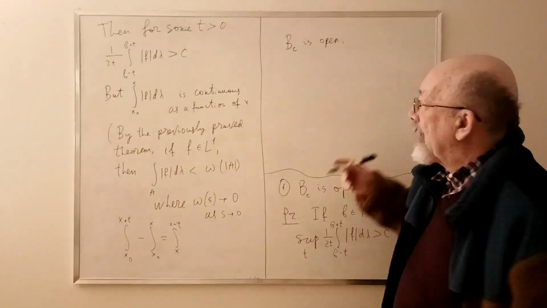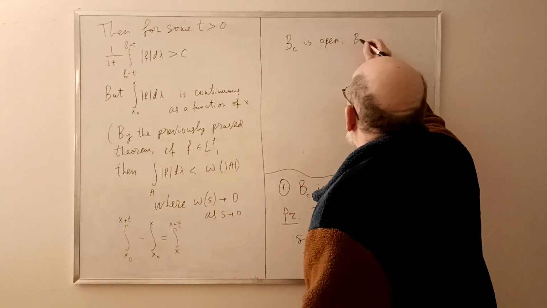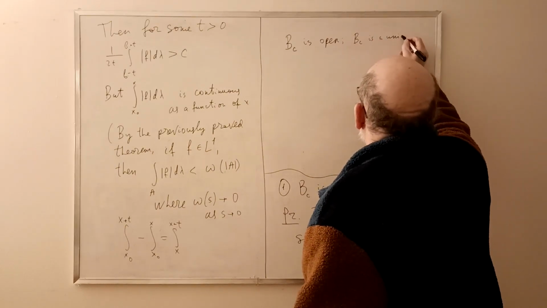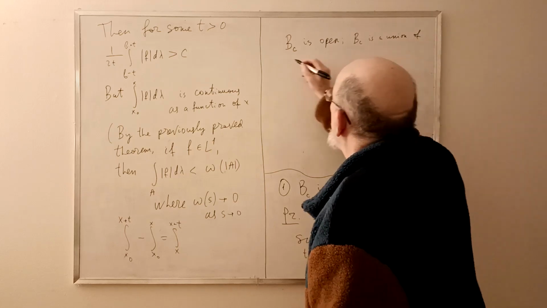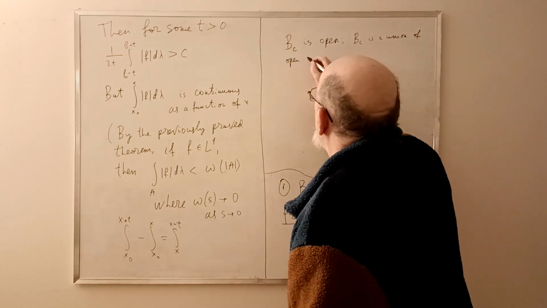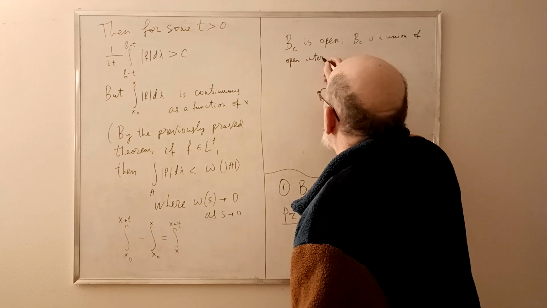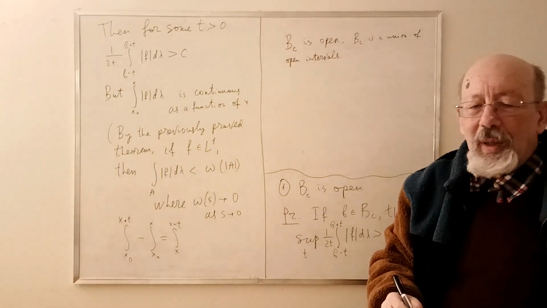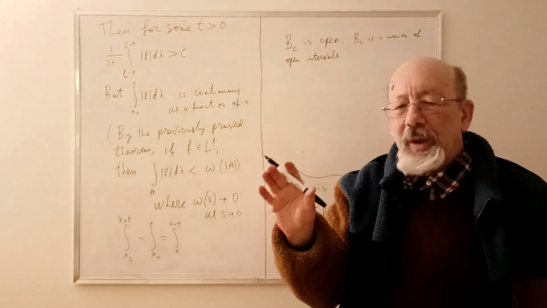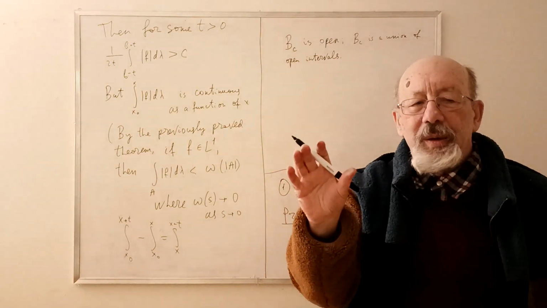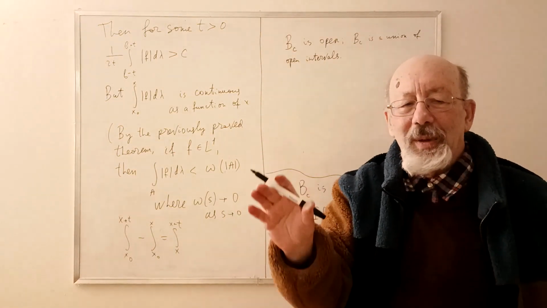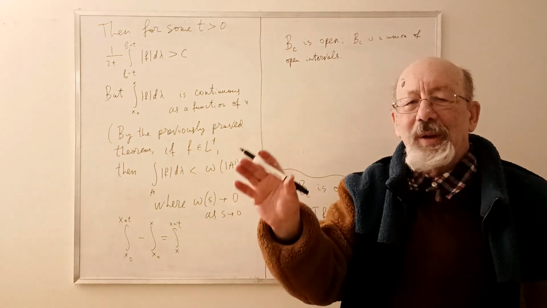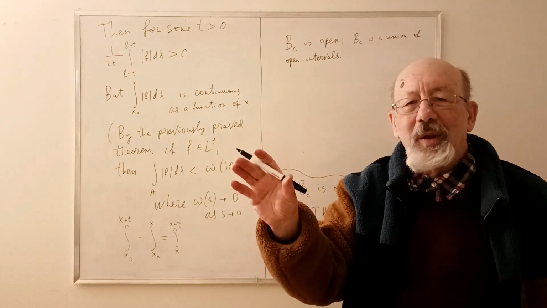So BC is a union of open intervals. Very good. And now we take closed segments which are inside each of these open intervals.